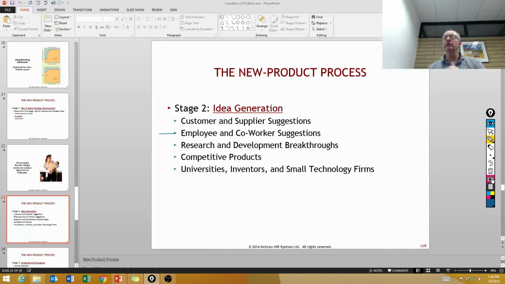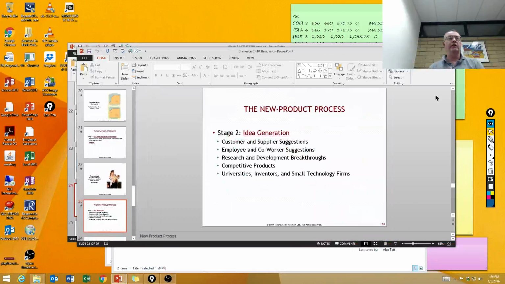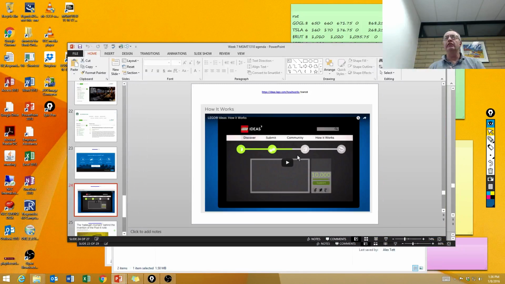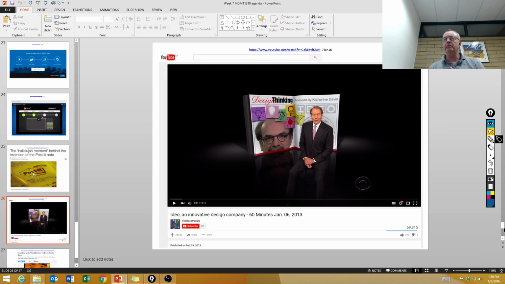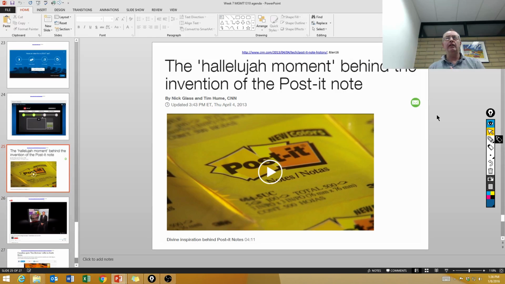I know you are all familiar with the product, though you might not know that it was employees who invented it. It's from 3M, which stands for Minnesota Mining and Manufacturing, and they make the Post-it notes. These Post-it notes were invented by a couple of employees.